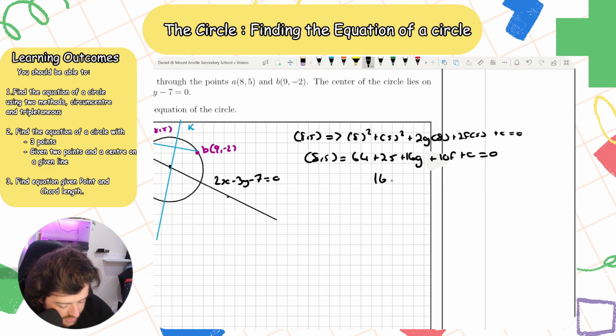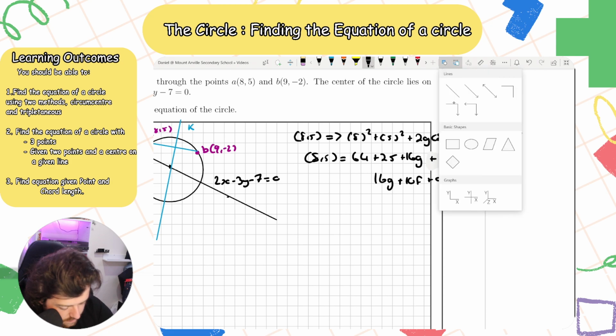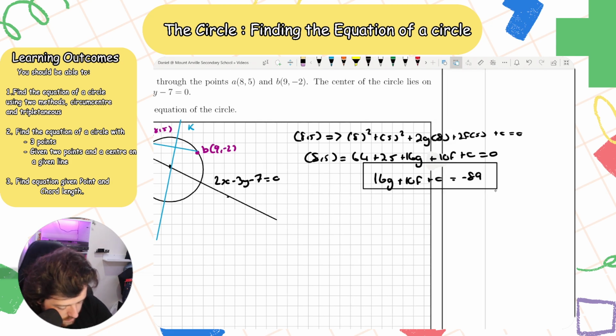I'm going to get 16g plus 10f plus c is equal to -89. That's my first equation.